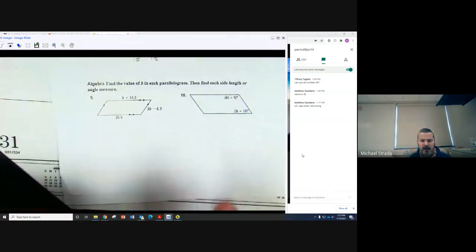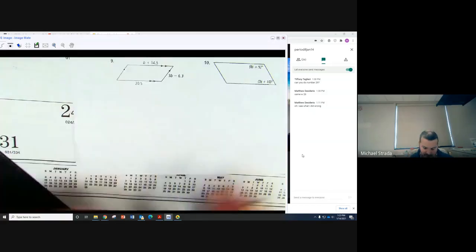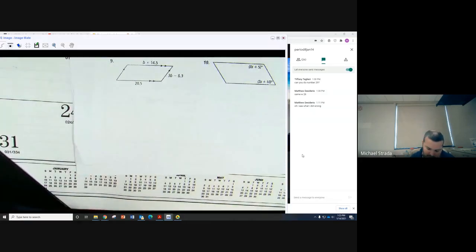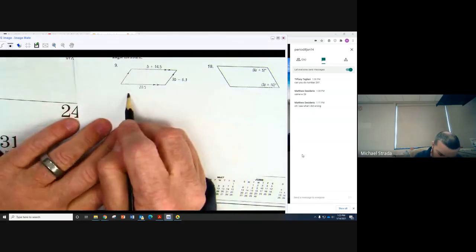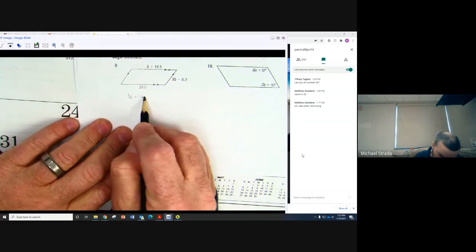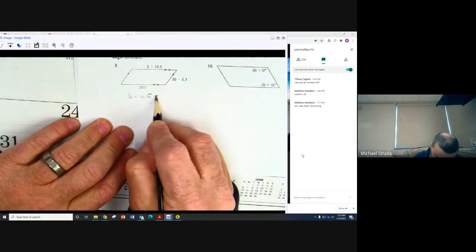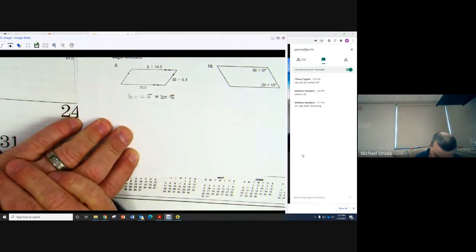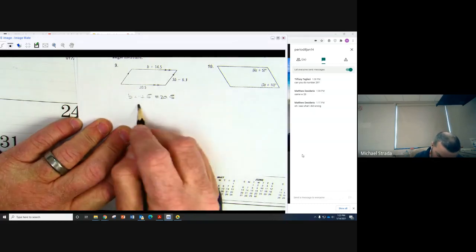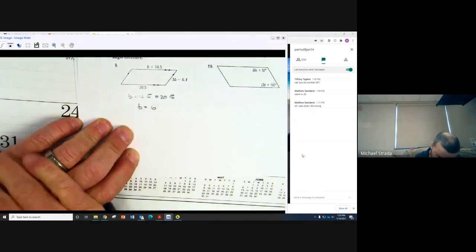All right, so now we go down to the bottom. It says find the value of B in each parallelogram, then find each side length or angle measure. All right, so opposite sides, B plus 14.5 equals 20.5. Subtract 14.5, B equals 6.